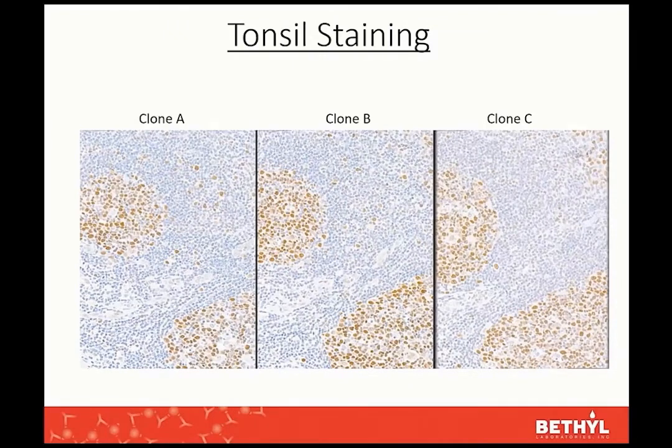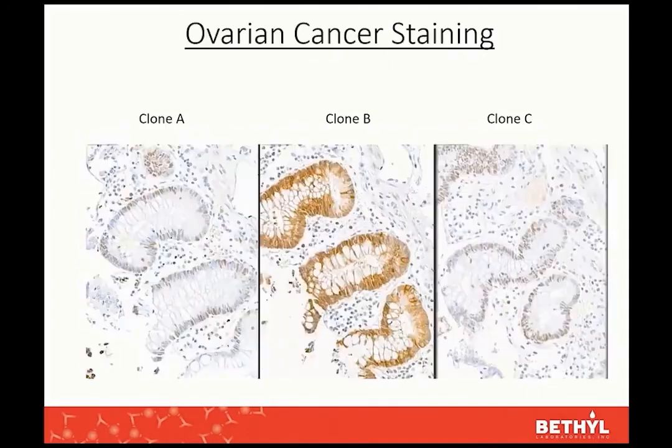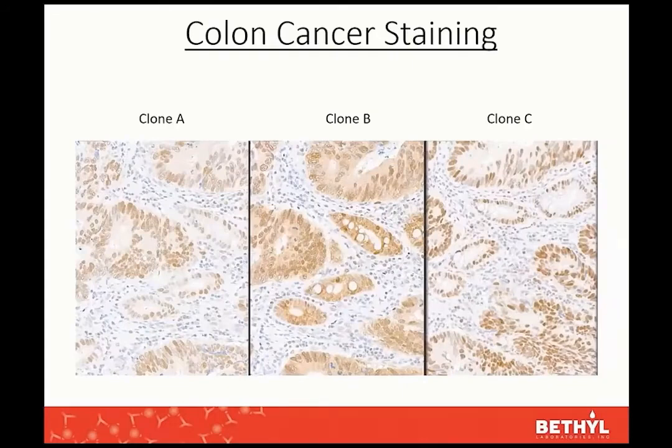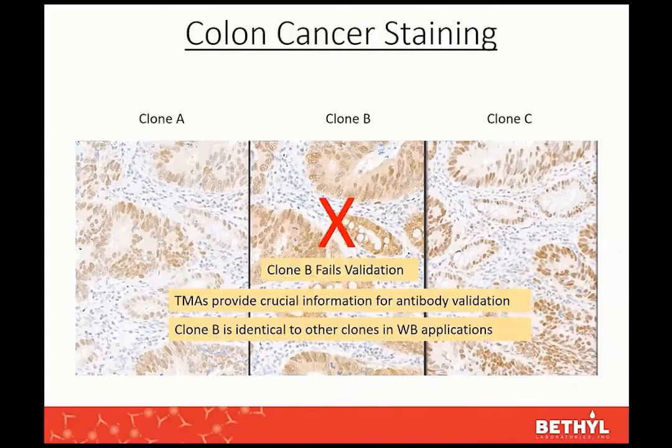However, when we move to ovarian cancer, we now see that clone B is exhibiting a different pattern from clone A and clone C. We move to colon cancer, clone B is still exhibiting somewhat of a different pattern. So in this example, clone B would fail a validation.